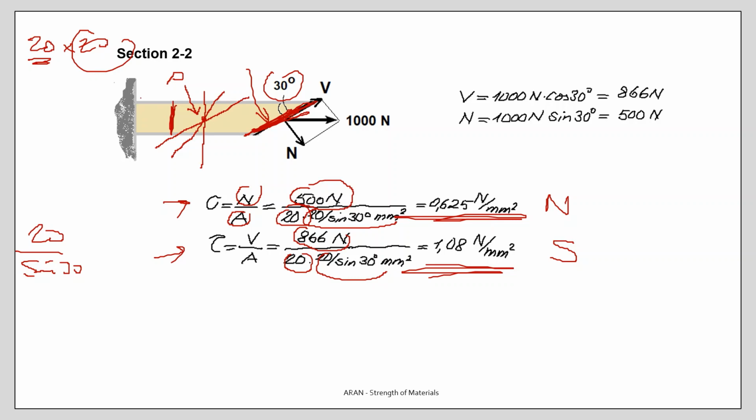So this is how it works. When you look at this bar with a force acting on the centroid, don't ever think that there will not be any shear forces. There's always a combination of shear stresses on the planes through this point P.